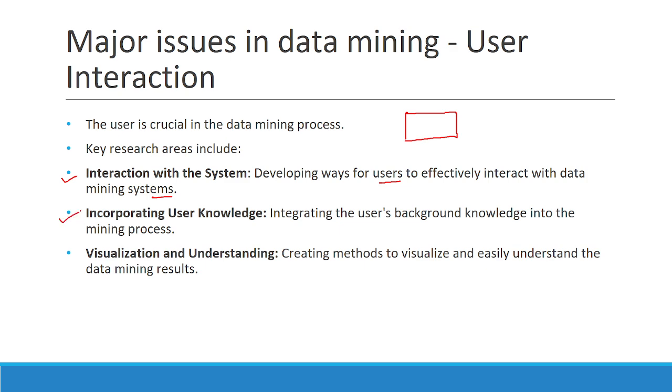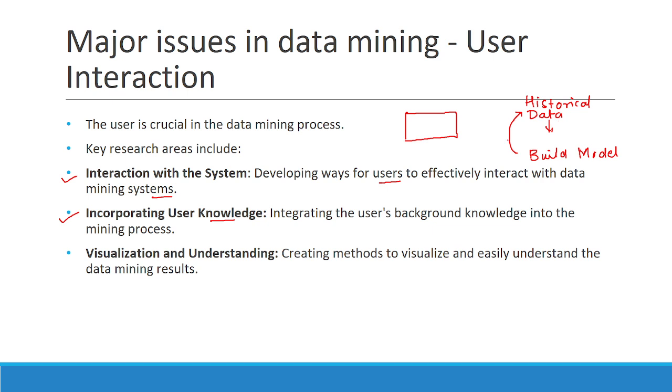Then another one is incorporating user knowledge. That means whenever we build any data mining model, it is based on previous data, right? Historical data. Whatever historical data we have, on that basis we build some model. So this model will use all the knowledge gained from this historical data, right?